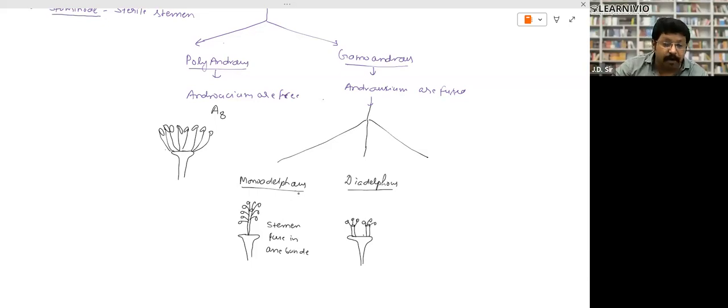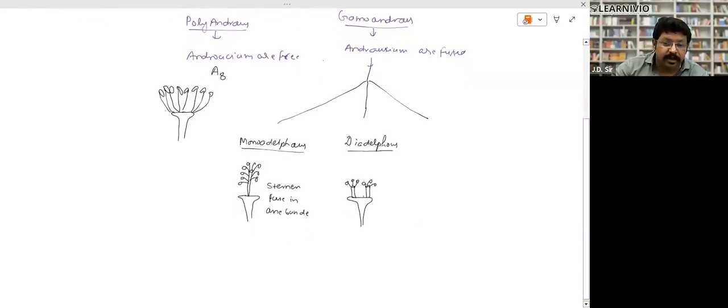How will we write it down, right? In the monoadelphous condition, we will write it like there are 1, 2, 3, 4, 5, 6, 7, 8, 9. So I will write it this way: androecium 9, monoadelphous, right? What is diadelphous? 3 plus 3. So we will write androecium 3 plus 3, which means the diadelphous condition, right?